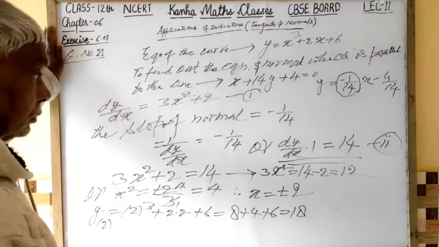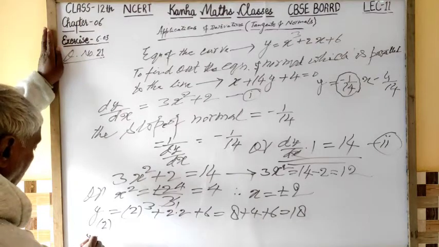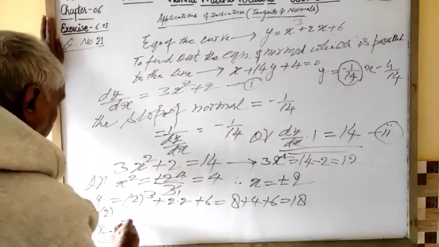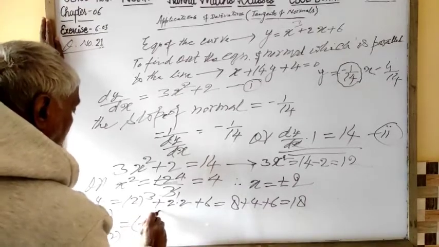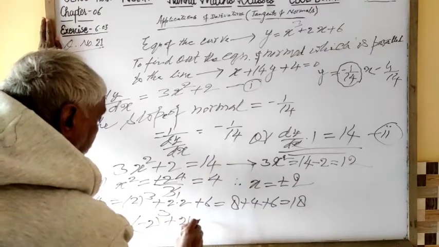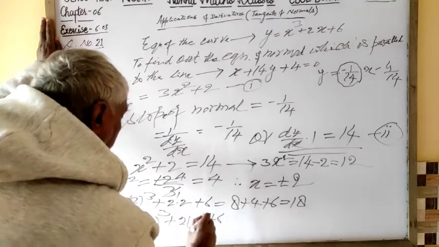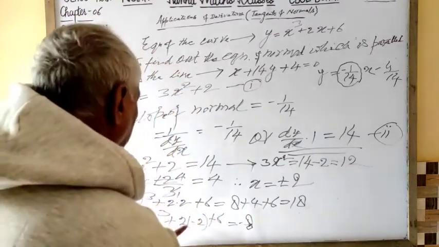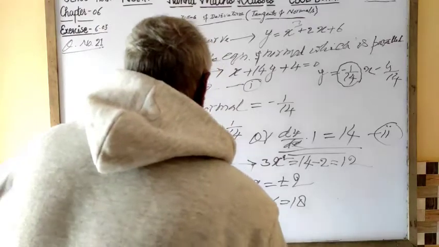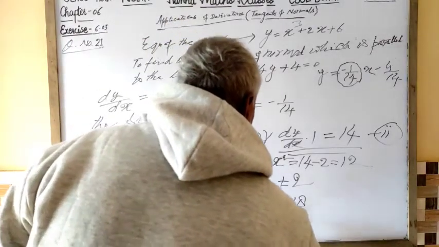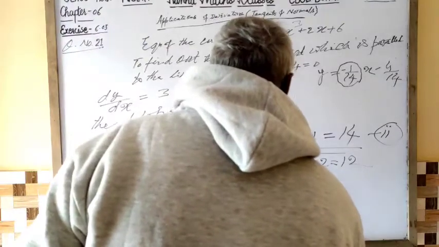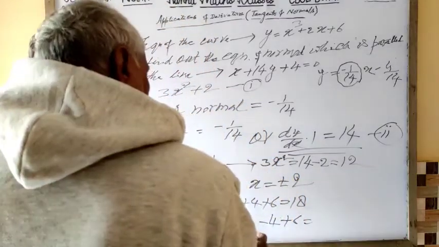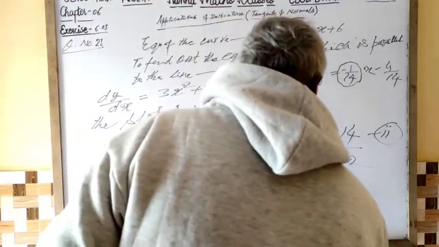And y, when x will be treated as minus 2, this will come to minus 2 cube plus 2 into minus 2 plus 6. This will be equal to minus 8 minus 4 plus 6, which is minus 12 plus 6, that is minus 6.